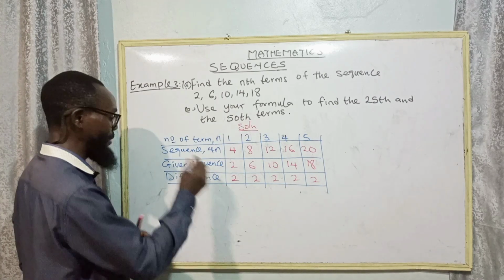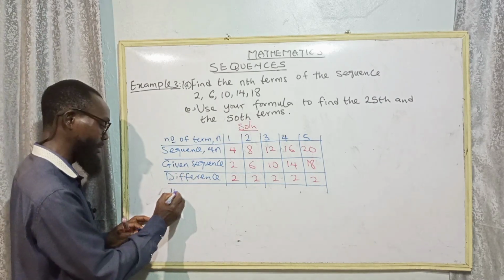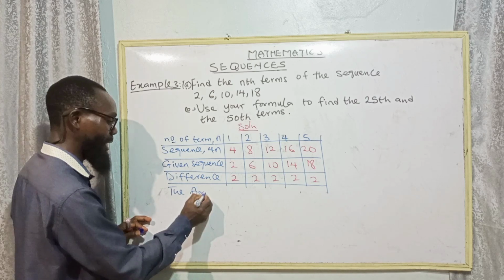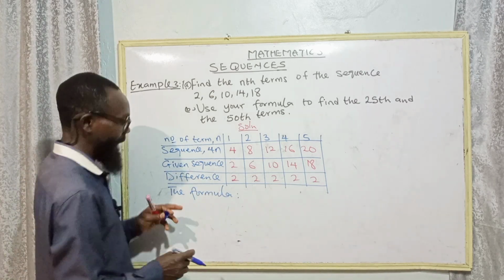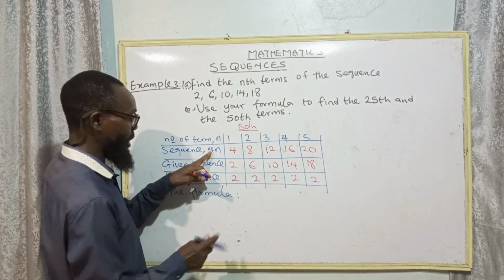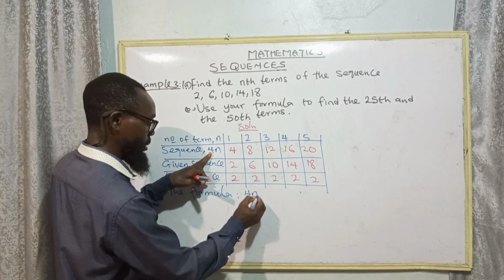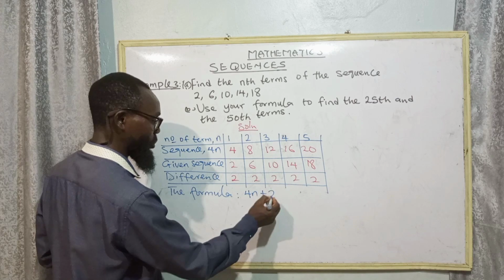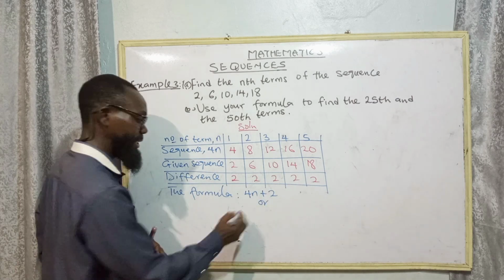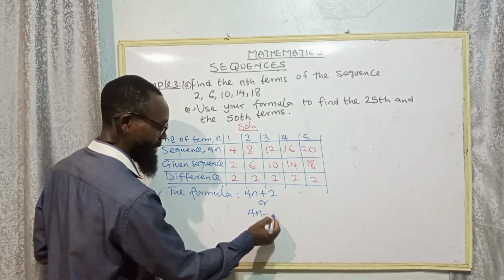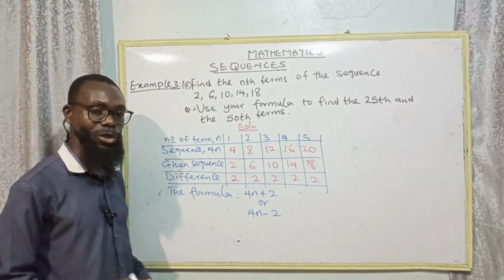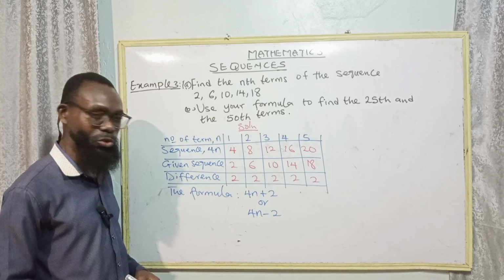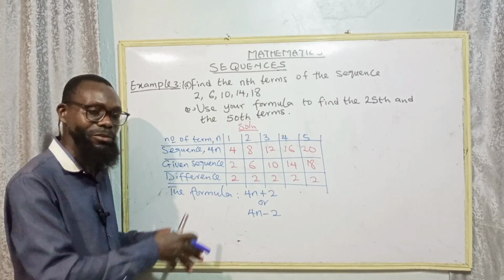The formula can be in two forms: either 4n plus the difference 2, or 4n minus the difference 2. So the formula is either 4n plus 2 or 4n minus 2. Then which one is the main formula?